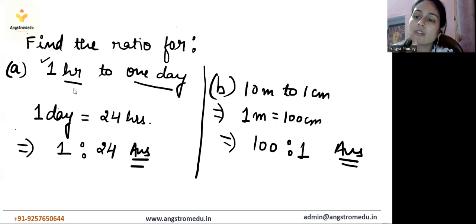In this question, we converted days to hours: 1 day has 24 hours, so the ratio will be 1 is to 24. In the same way with meters and centimeters, we convert them to a common unit. Then only will we be able to write the ratio.